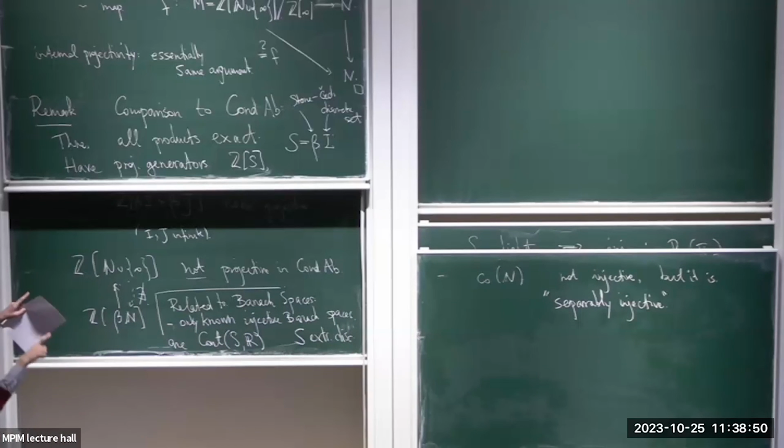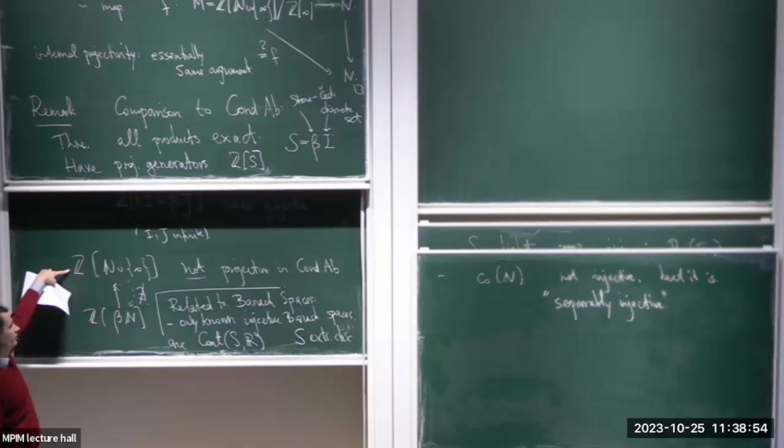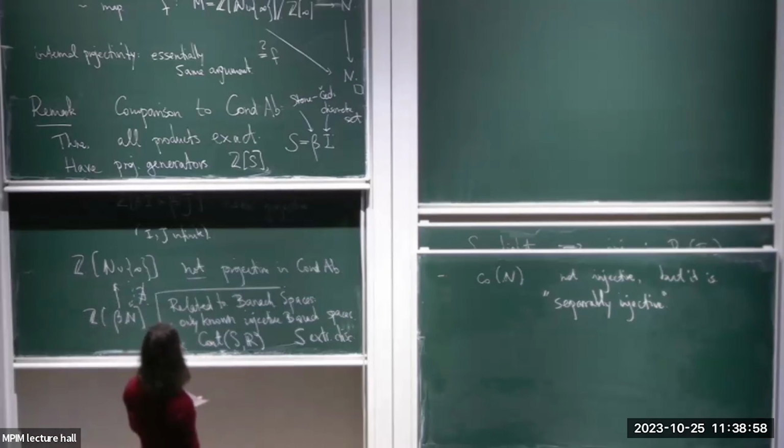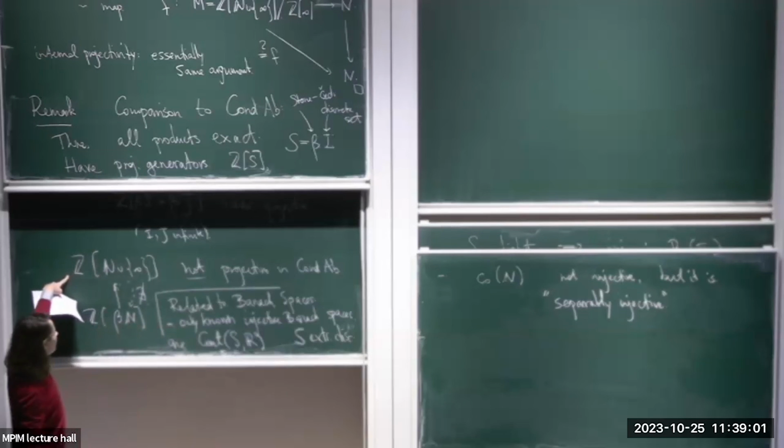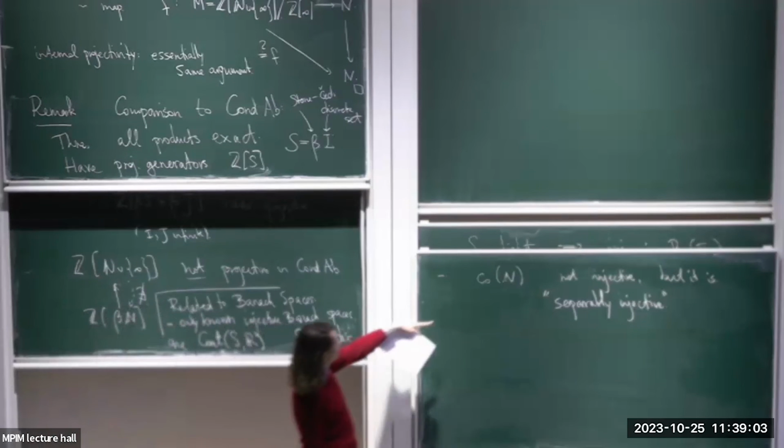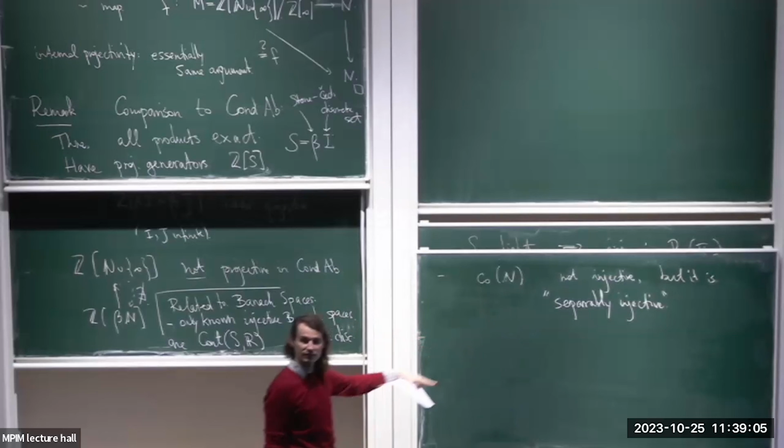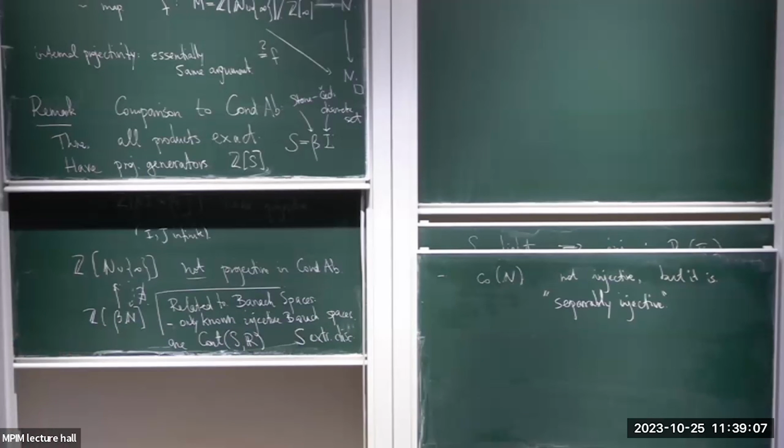And this is very much related to this thing that this guy is not projective in condensed abelian groups, but it is in light condensed abelian groups. And actually, I think I made this realization that it is projective in light condensed abelian groups after looking up this proof that this guy is separably injective.